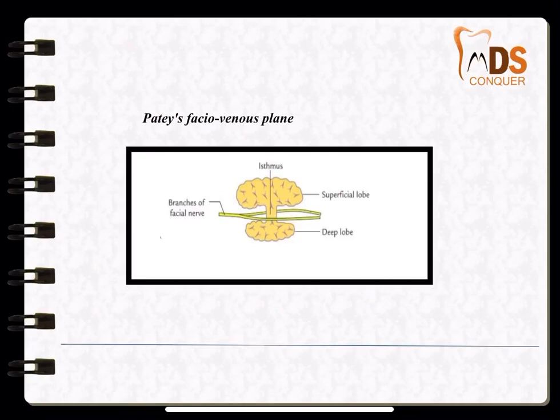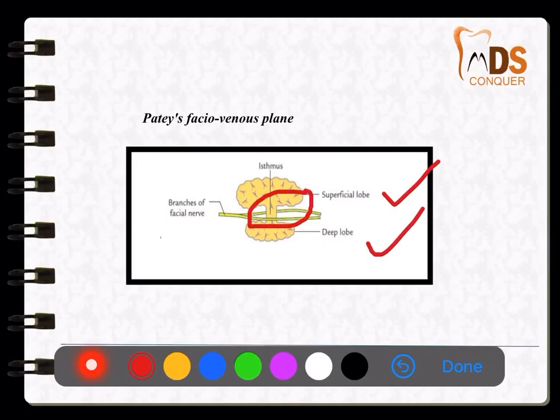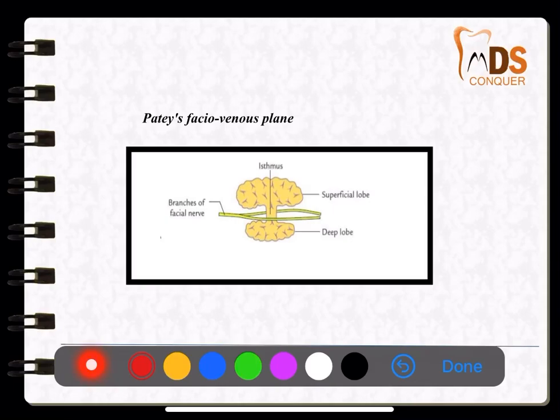Next, you can see here, this is a patis fascio-venous plane. As we know, the parotid gland has a superficial lobe and a deep lobe that are separated by an H-shaped isthmus, which is glandular tissue. It is H-shaped, as you can see in the picture. This plane is called the patis fascio-venous plane.